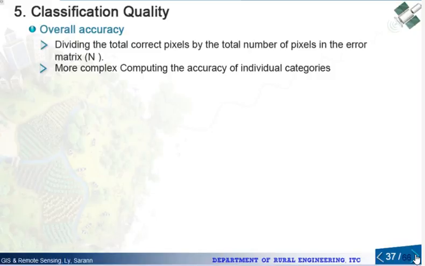The total number of correct pixels in the category is divided by the total number of pixels of that category as derived from the reference data.